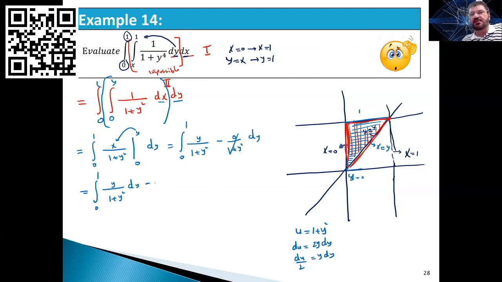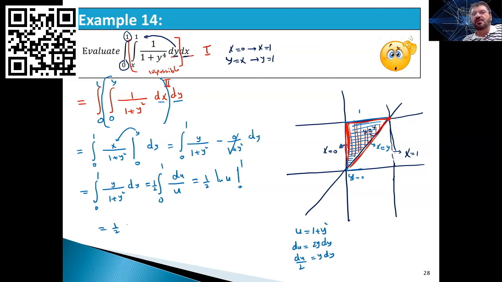The integration from 0 to 1: I took the denominator to be u, the numerator y dy is du over 2, so the half is going to go out. This is equal to half, and the integration of this one is ln u, as you know, from 0 to 1.